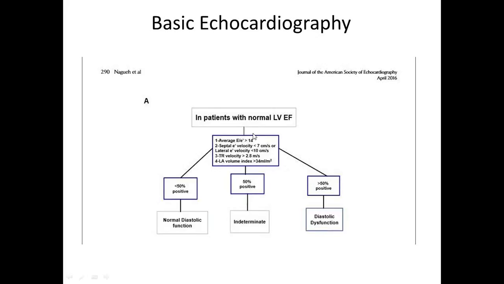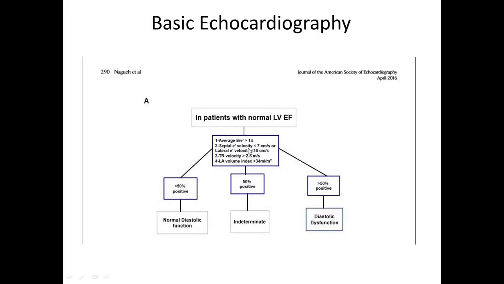So again, patient comes to the echo lab, these are the 4 variables you're going to look for. Your E/E prime, if you're going to use the average, then more than 14. If you use the septal, it's more than 15. The lateral, more than 13. Your E prime, if it's the septal E prime, less than 7 centimeters per second.